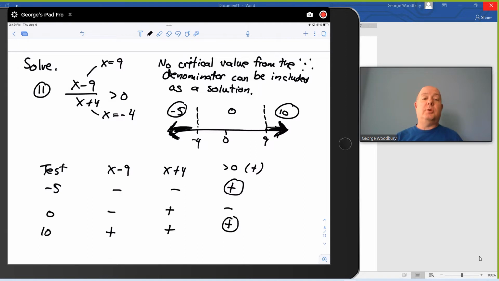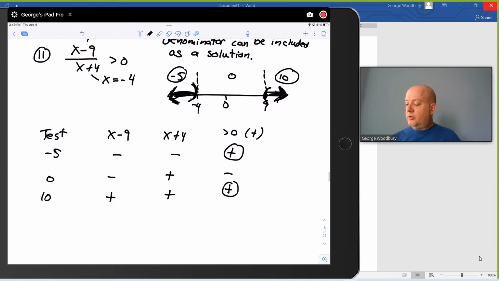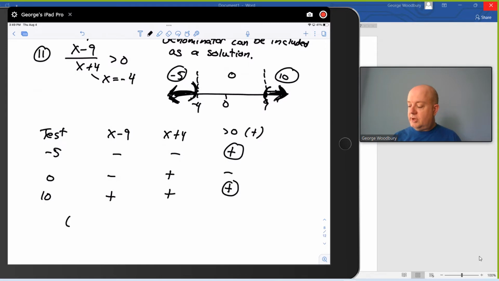Because the endpoints were not included, I'm going to use a round parentheses there for each. And so our solution set in interval notation is negative infinity, comma, negative 4, both with parentheses, union, adding on a different interval, parentheses 9, comma, infinity, parentheses.